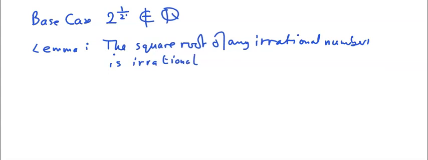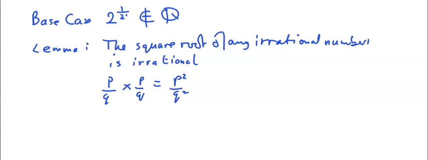So, if we take a rational number and square it, where p and q are integers, we get another rational number. You can't get an irrational number by squaring a rational number. So if an irrational number has a square root, then that square root must be irrational.